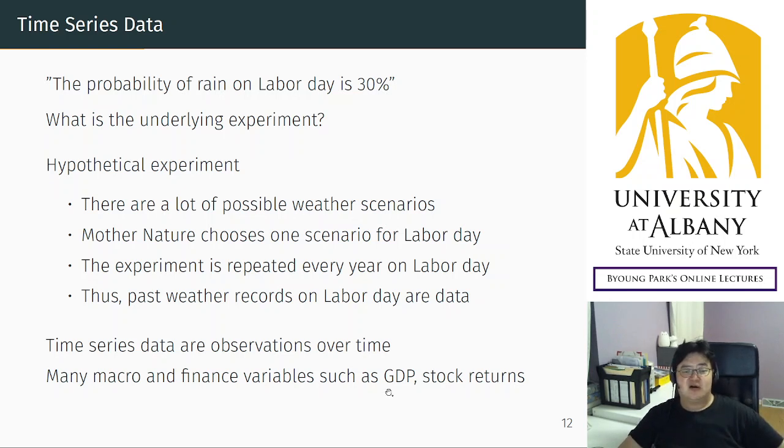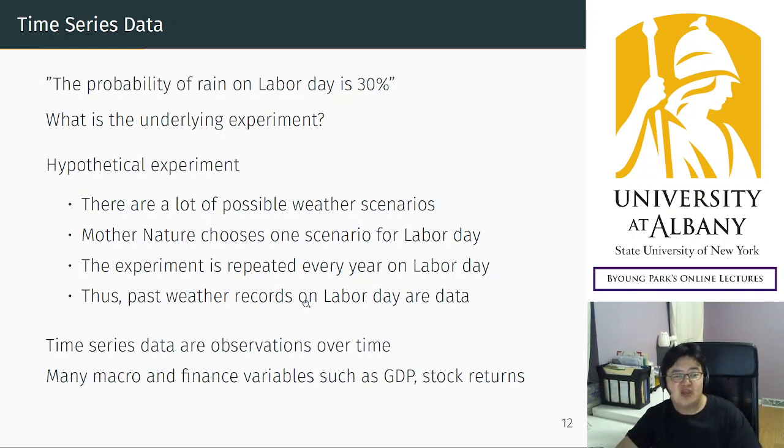What is the GDP growth rate? What is the probability distribution of GDP growth rate next year? What is the probability that stock returns are higher than, let's say, 5% next year? You need to study that and you need to define the probability. So you need to have an experiment.